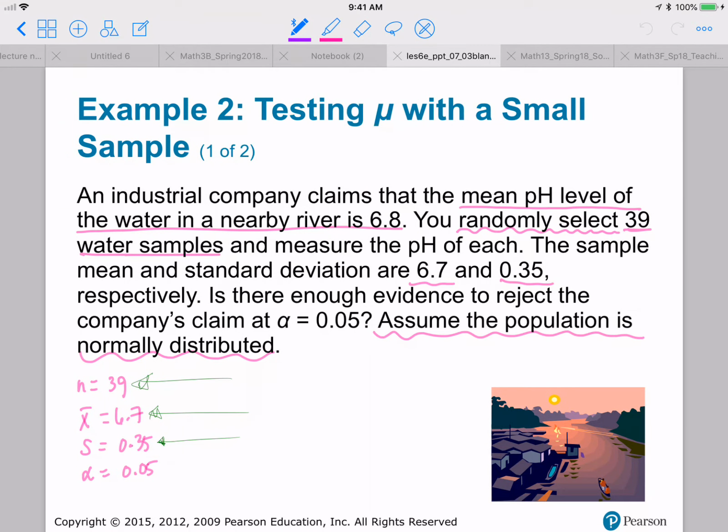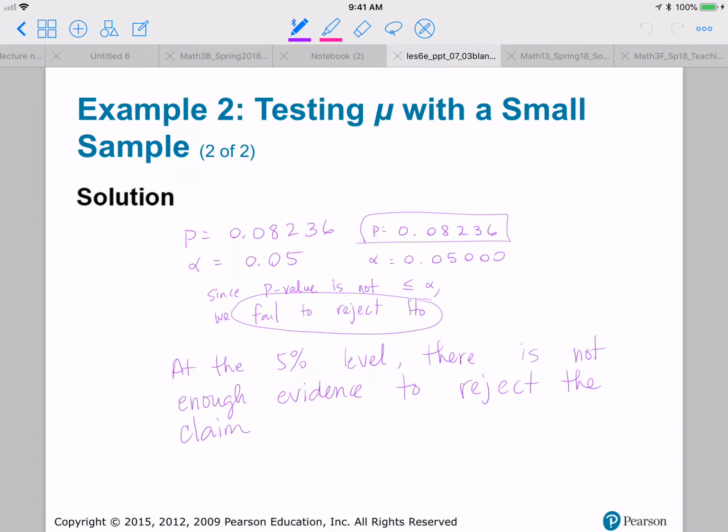And what was the claim? The claim is that the mean pH level of the water is 6.8.